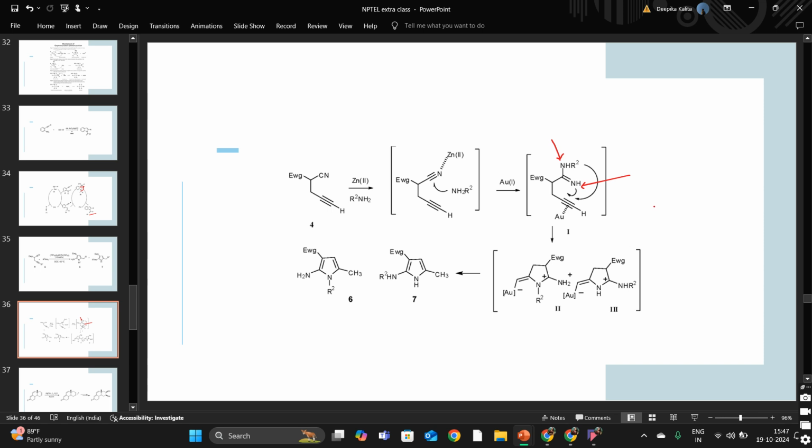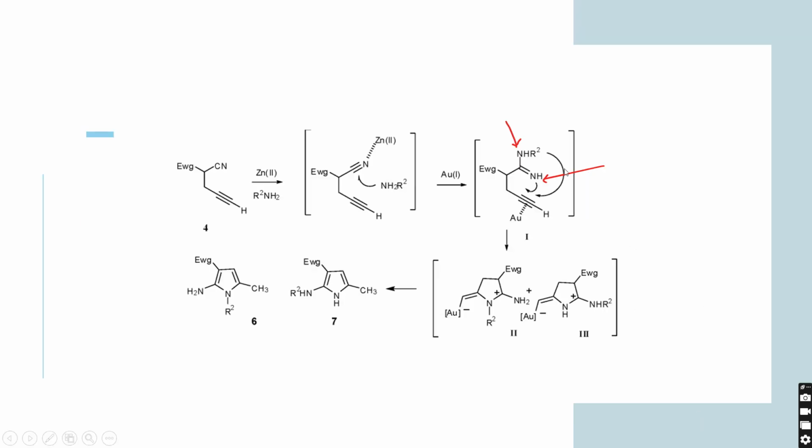So depending upon the attack of this amine versus this imine, we get these two different types of carbocations generated. And these two carbocations then undergo elimination reaction and aromatization reaction to give us two different pyrrole rings.